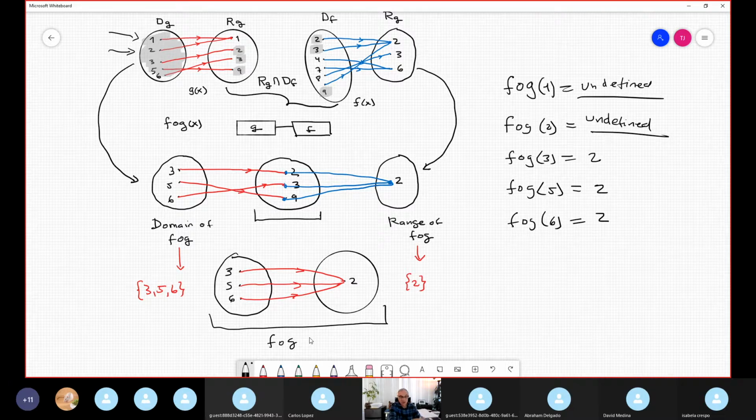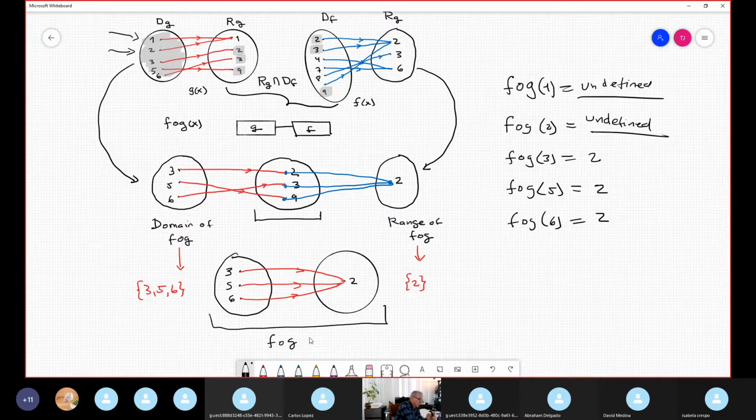It's just that you put together, you try to find the intersection between the range of the first function and the domain of the second. So no common element disappears. Any question? Clear, confusing? Super confusing? A little bit clear. Okay.